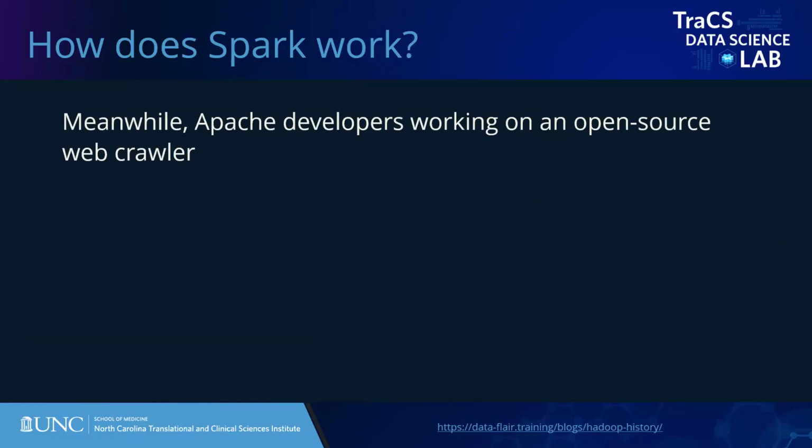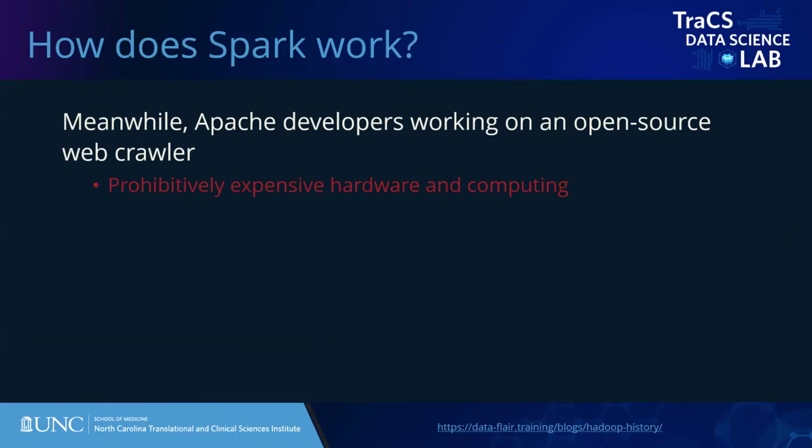So around the same time, there were developers at Apache who were trying to create an open source web crawler. And what they found as they got along in the project, they got to the point where they could start to estimate their costs for hardware and computing, what they would need to achieve their goals. They found out it was going to be prohibitively expensive.